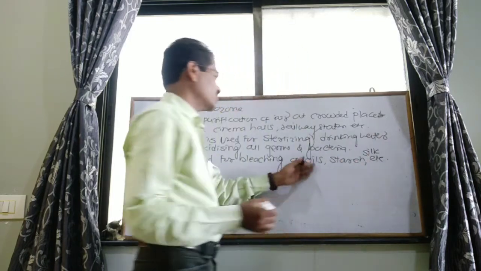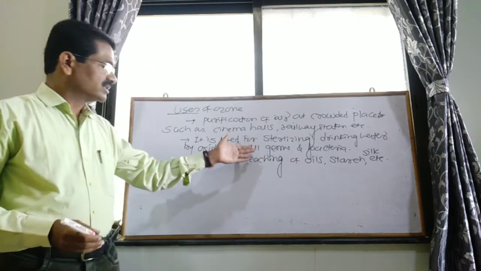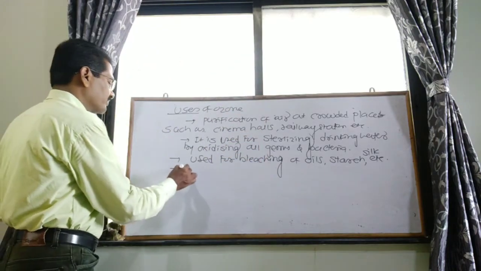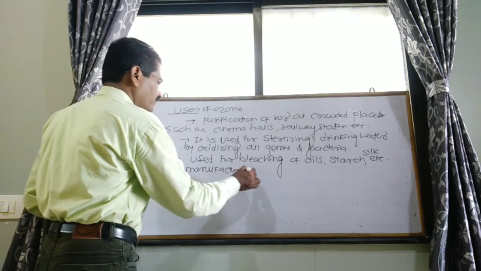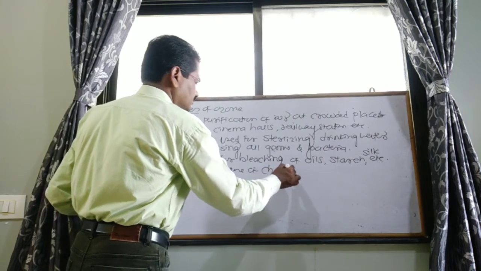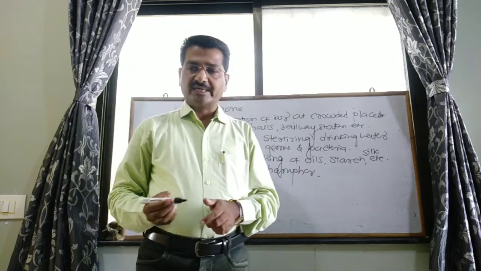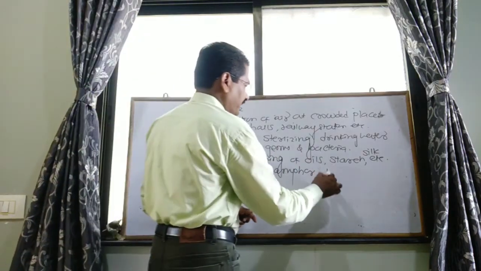All these substances, oil, starch, and silk, can be bleached by using ozone. And last, it is used in the manufacture of camphor. Ozone is used in the manufacture of camphor, then potassium permanganate.